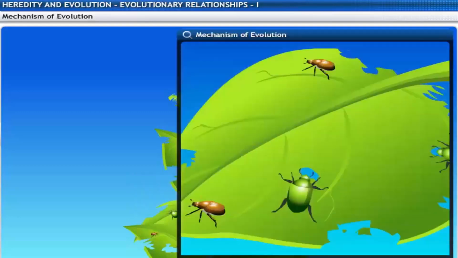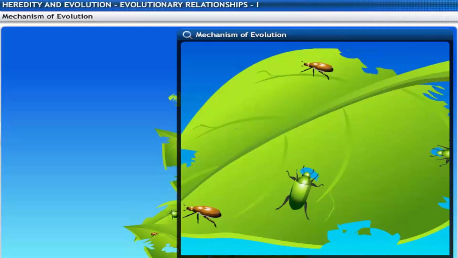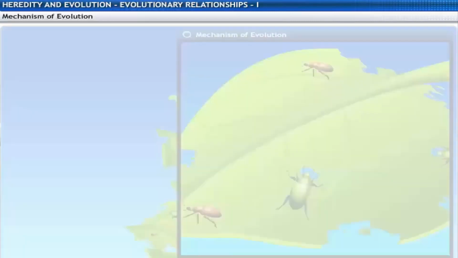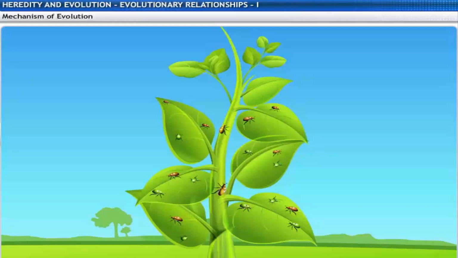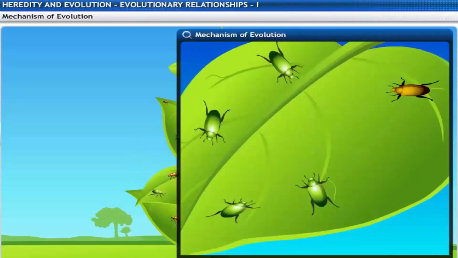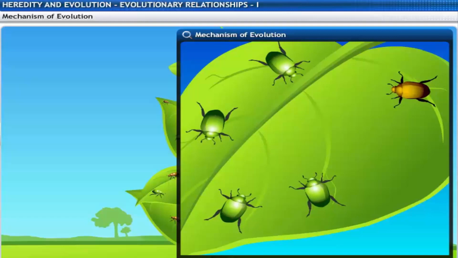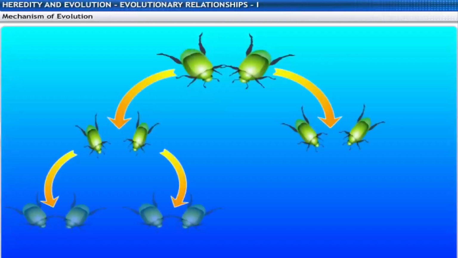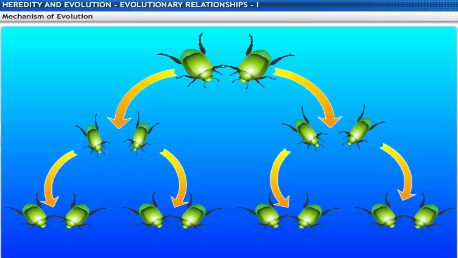So, during the course of generations, the average weight of the beetles decreases. When the plant disease is eliminated, the average weight of the beetles returns to normal. Since the change is not inherited over generations, this is not an example of evolution.